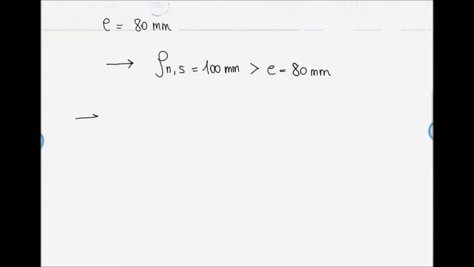So we have already said that we are in case of small load eccentricity. Which means that the cross-section is fully compressed. So for the calculation of the stresses on concrete and on the reinforcements, we can use the formulas already seen in the previous lecture, which are the following.